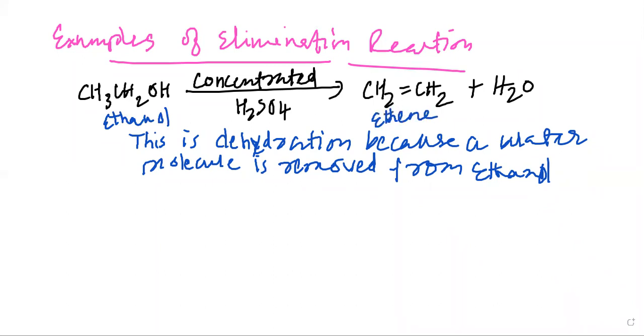Again, my dear students, you can observe and understand well that this is the saturated reactant, and that gives us the unsaturated product. Now, this is again a beta elimination reaction.